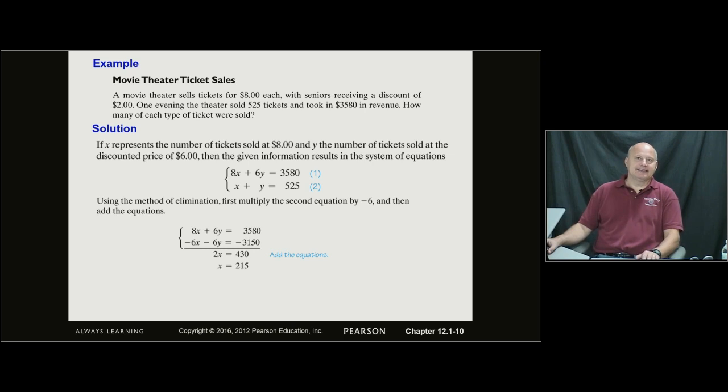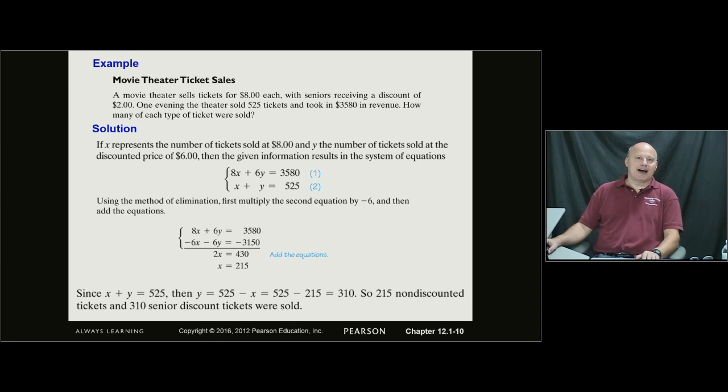Now, how do you figure out how many seniors are there? Well, you know x plus y equals 525. Then y would be 525 minus x, which we know x now to be 215. So there are 310 for y. So there are 215 regular price tickets, and then there's 310 seniors coming that evening.